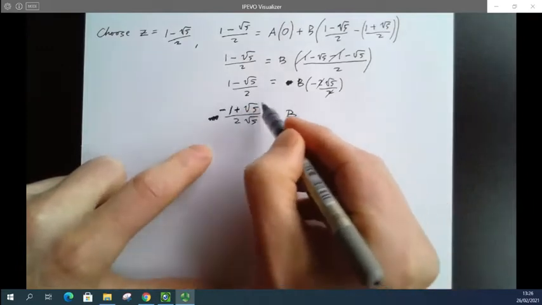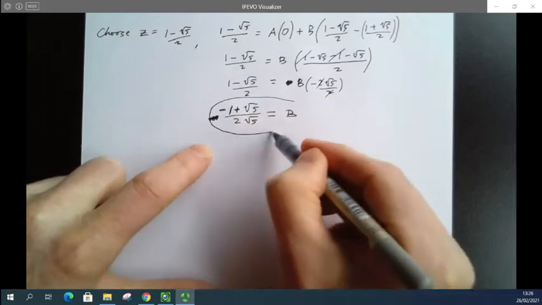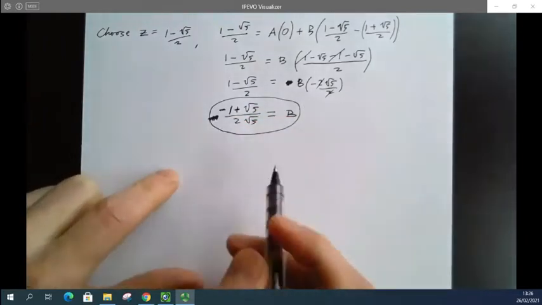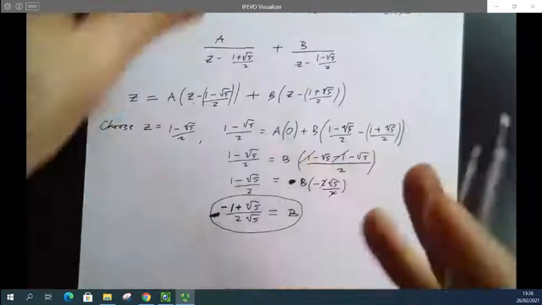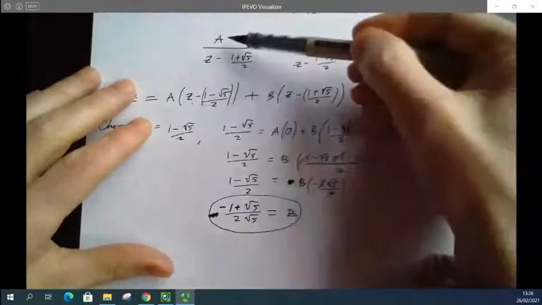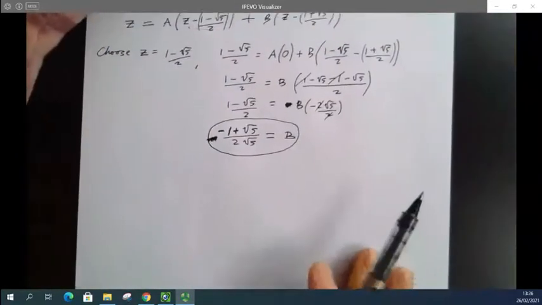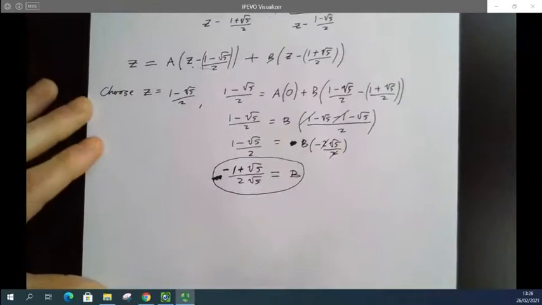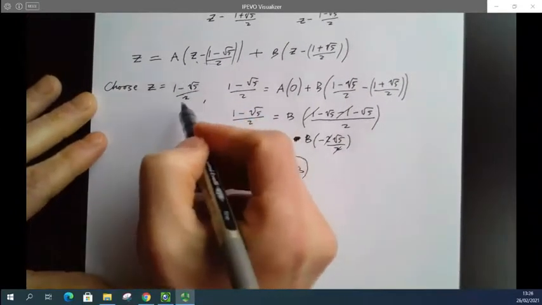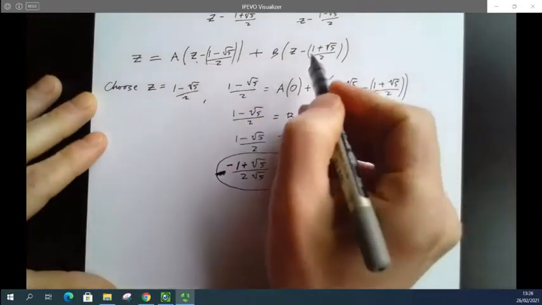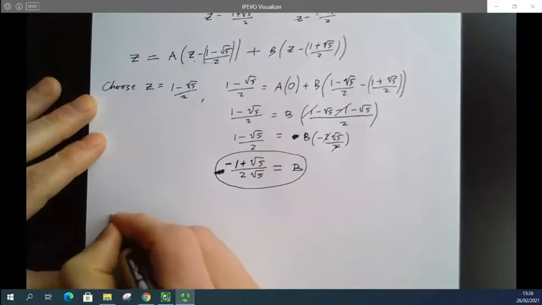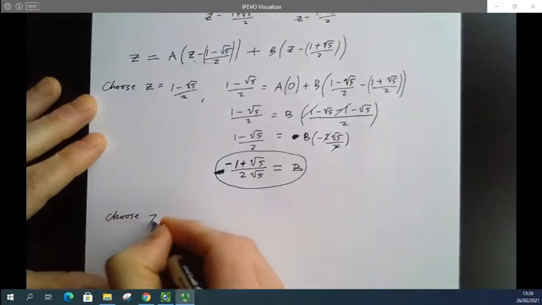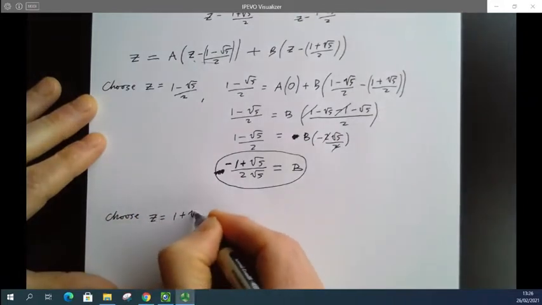But maybe we don't need to do any cancelling. We found the value of b. Maybe we can work with it like it is. We've got this value here. We just need to find the a. And what's the quickest and easiest way to find the a? Well, I'll probably do the exact same thing, but I'll sub in this for z. So it'll be 1 plus root 5 over 2.